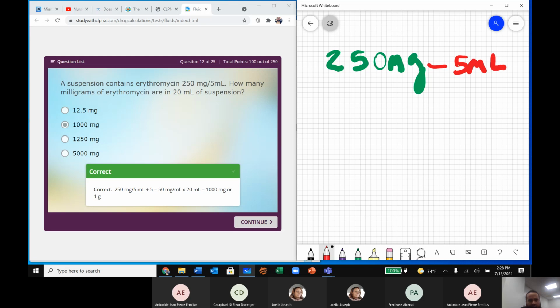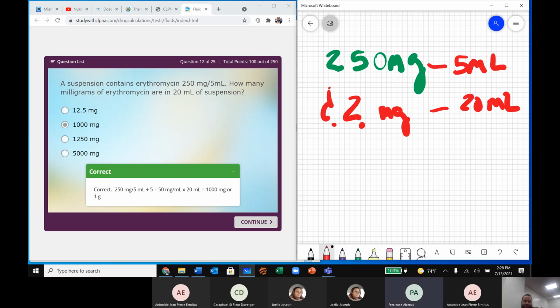And then the question is, how many milligrams are in 20 ml? In 20 ml, you need to get how many milligrams.